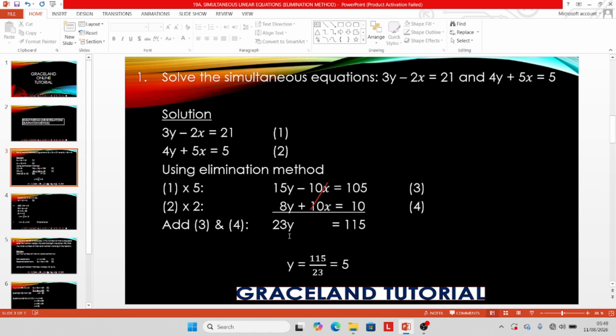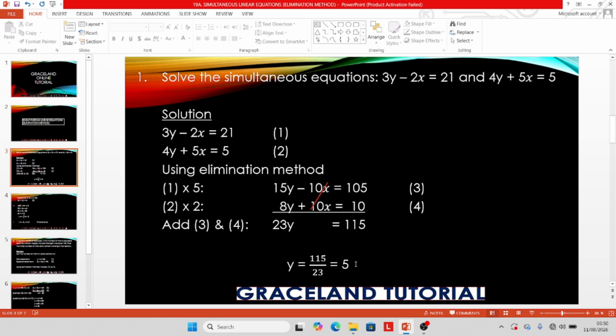To calculate the value of y, divide both sides by 23. So 23y over 23, the 23 cancels 23, and y is equal to 115 divided by 23, which gives us 5. So y is equal to 5.